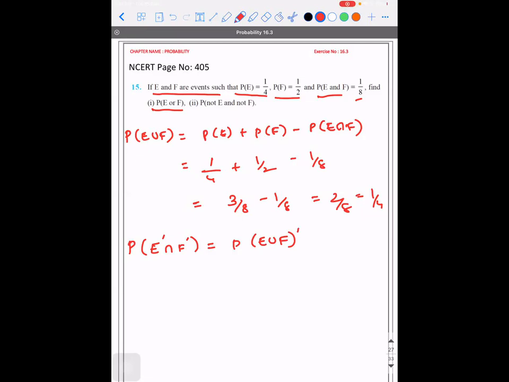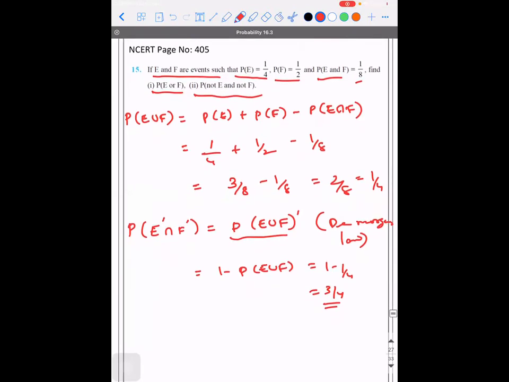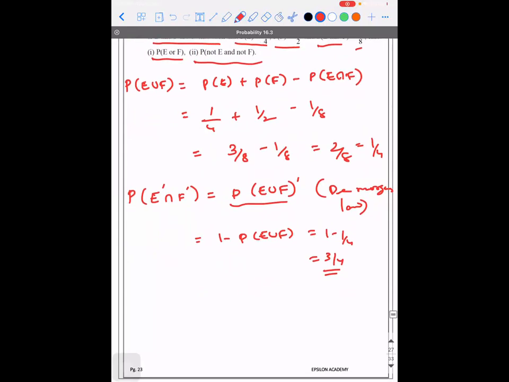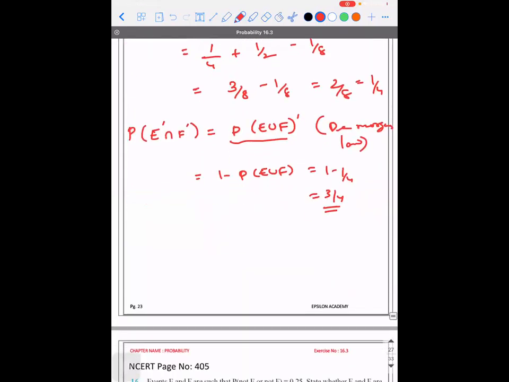P of not E intersection not F is nothing but P of E union F the whole dash. This is according to De Morgan's law. Okay. P of E union F the whole dash is nothing but 1 minus P of E union F. 1 minus 1 by 4, which is 3 by 4. Guys, are you able to understand? Yes, sir. Okay.